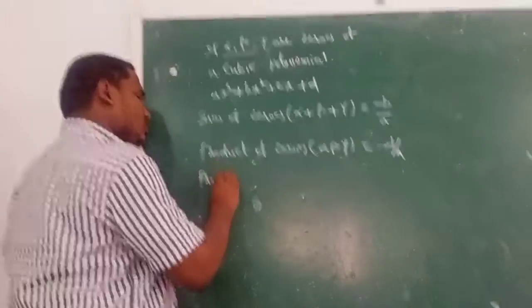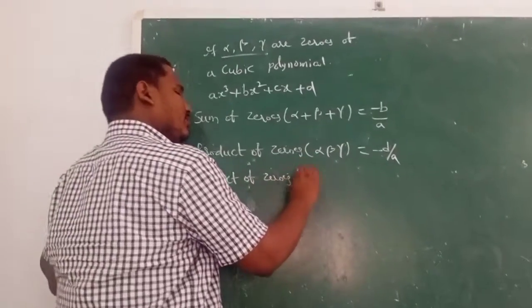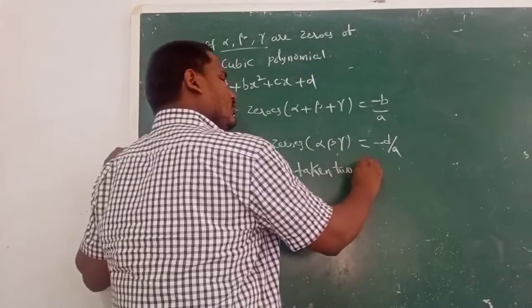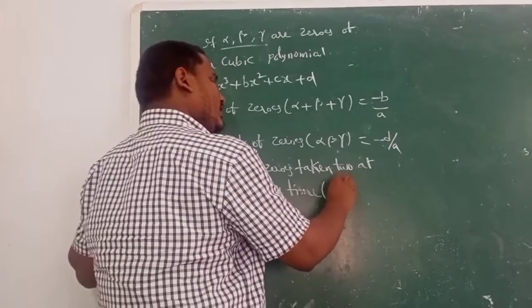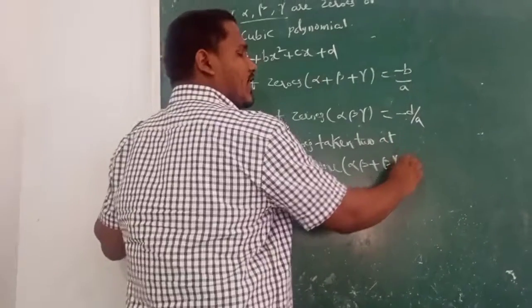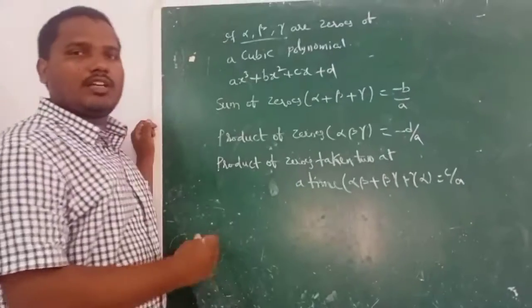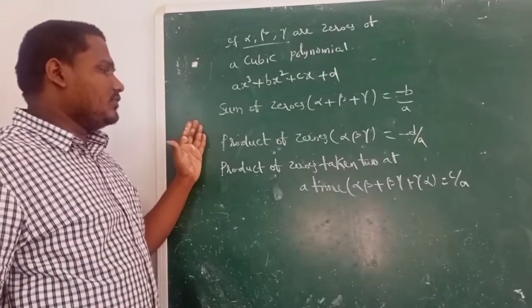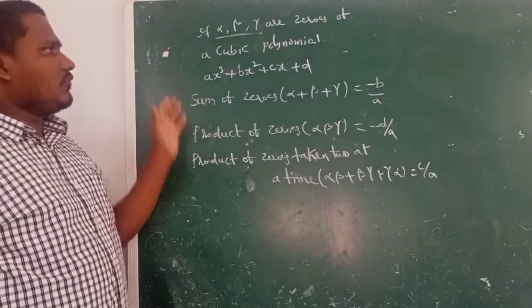Next, the product of zeros taken two at a time: alpha beta plus beta gamma plus gamma alpha is equal to c by a. These are the formulas for finding the sum of zeros, product of zeros and product of zeros taken two at a time.